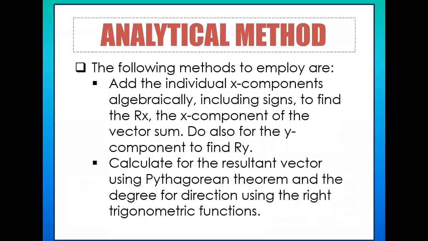Now after that, the summation of the x and the y are the values that we have to use in order for us to solve for the resultant vector in terms of its magnitude. So that's the time that we have to use the Pythagorean theorem. In the given examples, you will know how we can apply these rules.